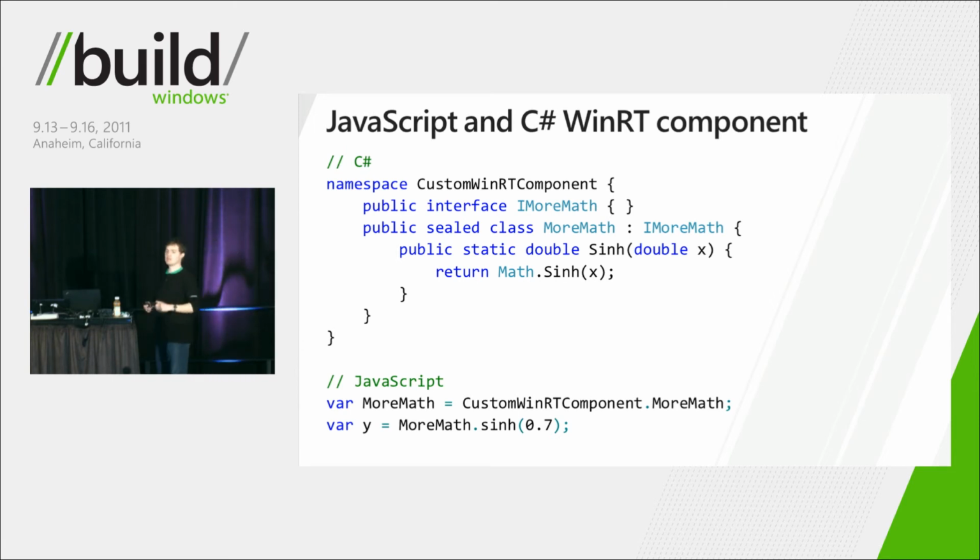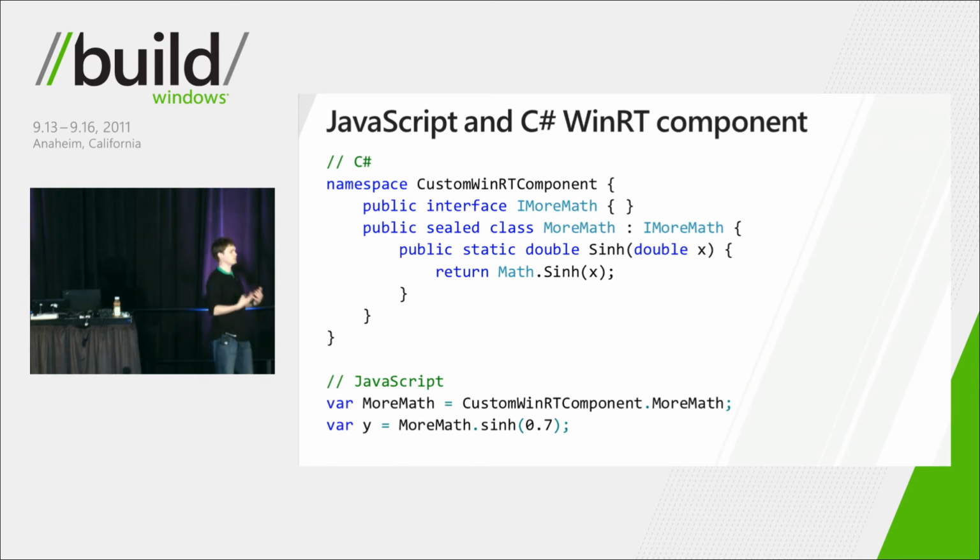One really notable thing here, that I haven't emphasized so far in the talk, but it's really important in terms of the natural familiarity of the environment, is that all of the APIs that were exposed in Windows, you noticed, had capitalization conventions for members, and things like signH here, that were what you'd expect as a JavaScript developer. Now, if you did that in C#, you'd notice that those Windows Runtime APIs are capitalized the way that a C# developer expects, with an uppercase first letter.